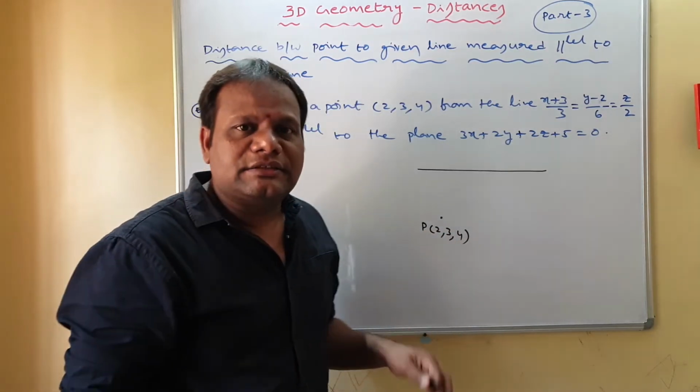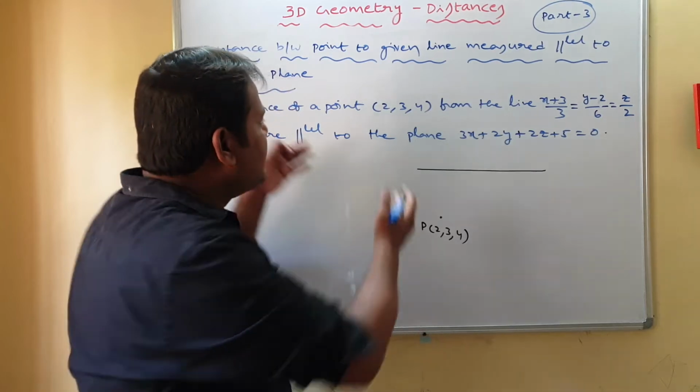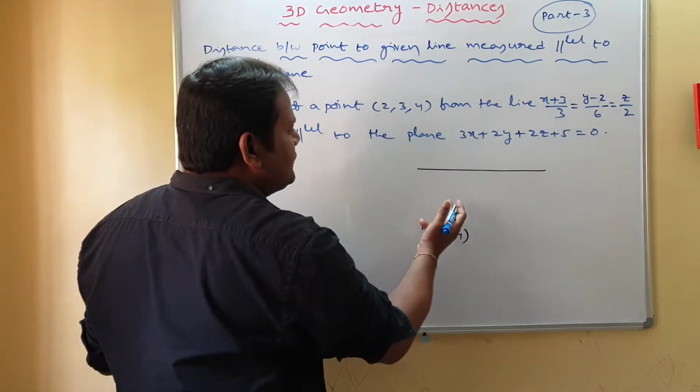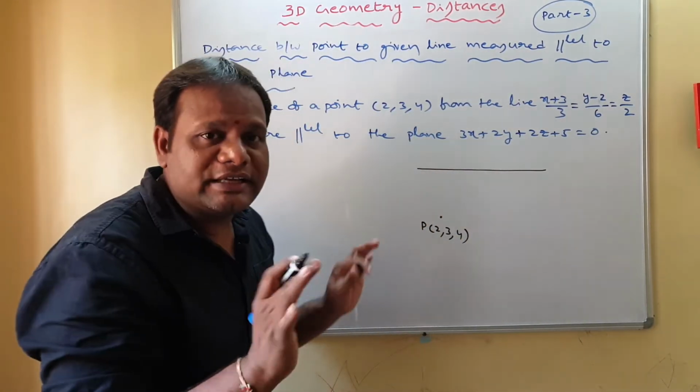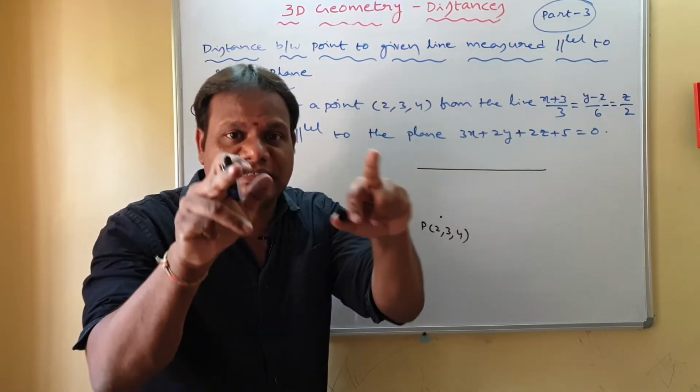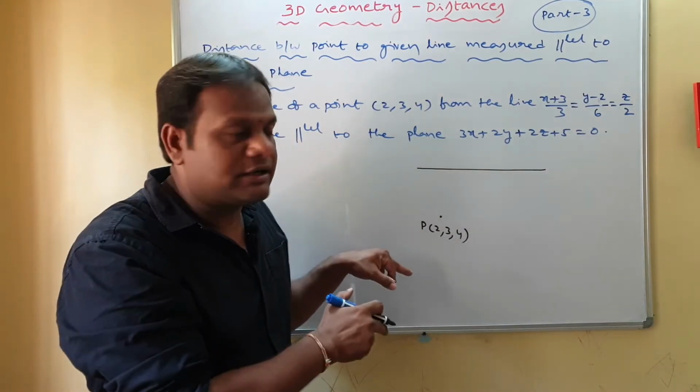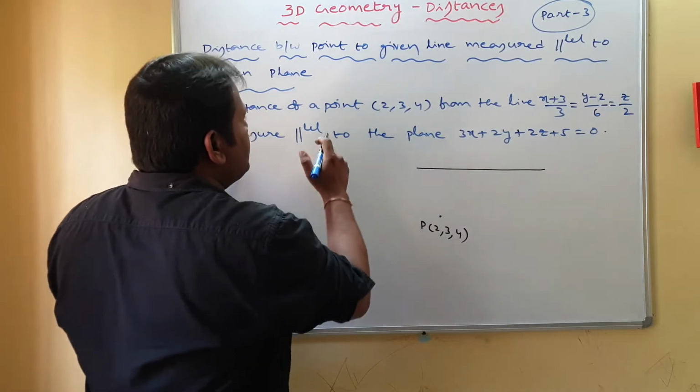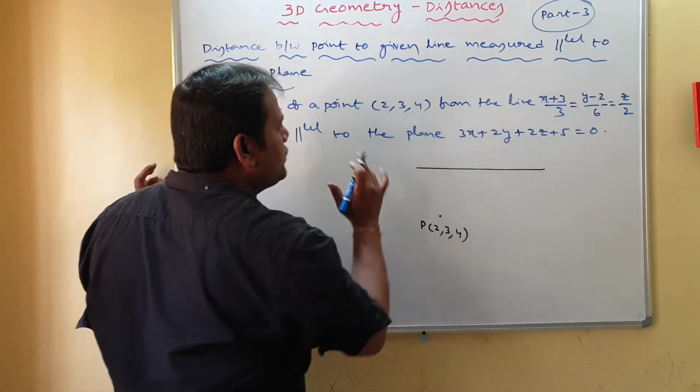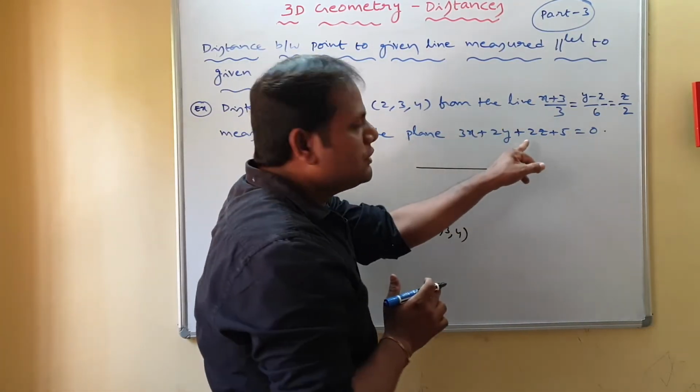Most of the students get confused and treat this as the perpendicular distance from P to line. No, it is not correct. How you have to measure the distance is also mentioned. You have to measure the distance from this point to the line which is parallel to the given plane.